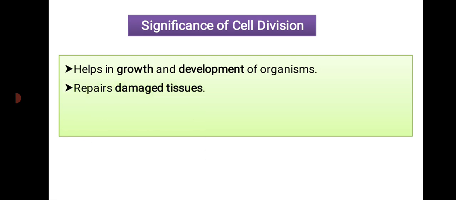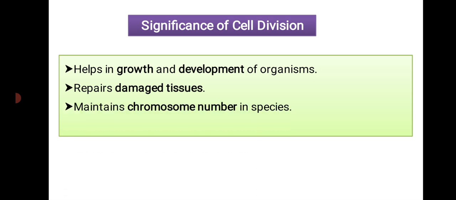Whenever we get cut or injured, our skin has to be repaired. How is it possible? Because of cell division itself. So it repairs the damaged tissues. Next, it maintains chromosome number in species. Every organism has its own number of chromosomes, and this is maintained by cell division.